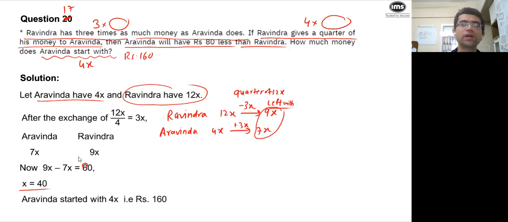So this question only teaches you how to assume appropriate variables to minimize the number of ratios and make your calculations easy. You will get the answer even if you say Arvinda x, Ravindra 3x, but then you will unnecessarily complicate things. The intent is to minimize the calculations and maximize the ease of calculations.